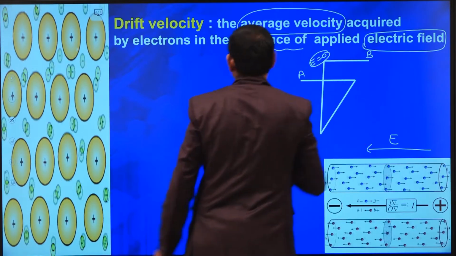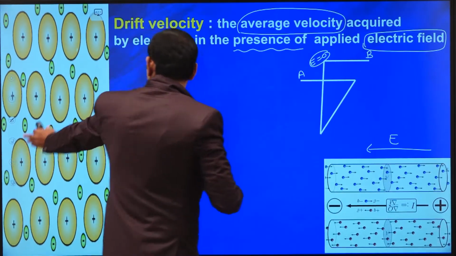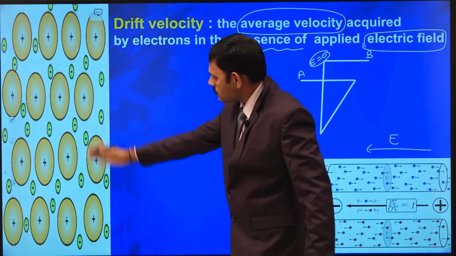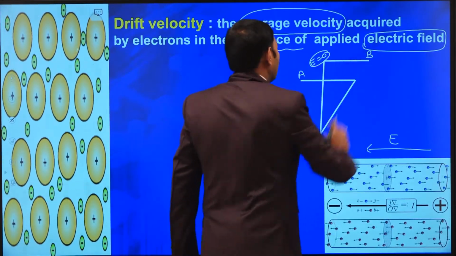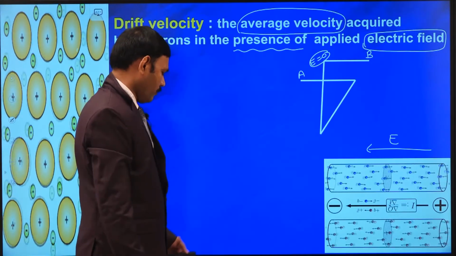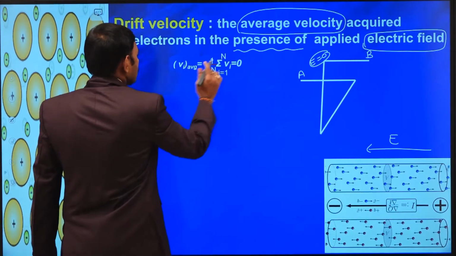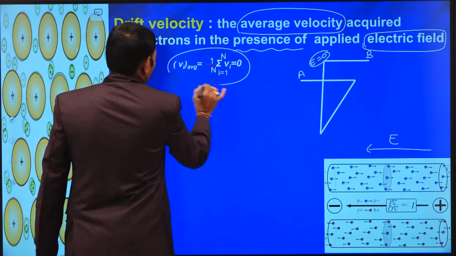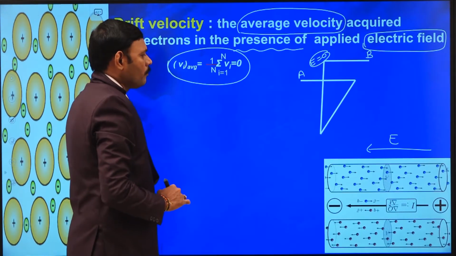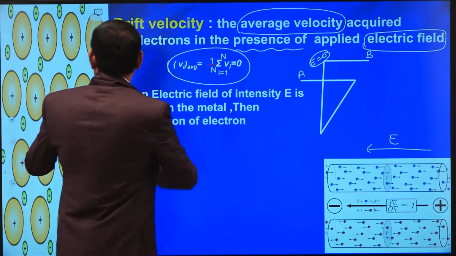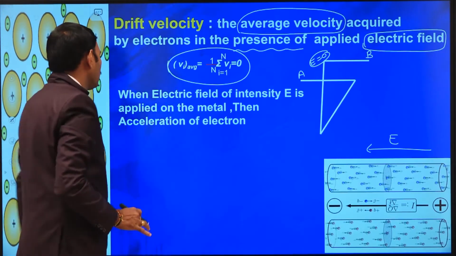Let us observe this diagram, students. This is the path of the electron in the absence of electric field. At this highlighted point, average velocity is 0, because they are moving rapidly, so the average velocity of the electron is 0.